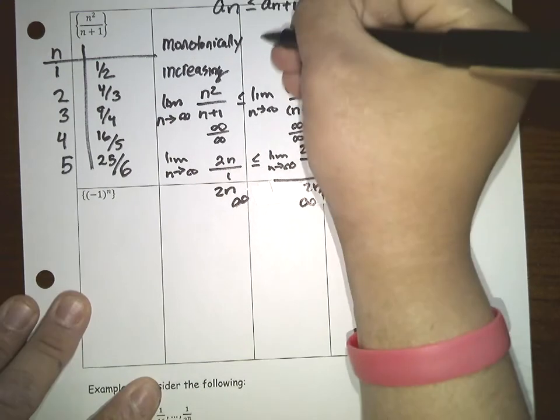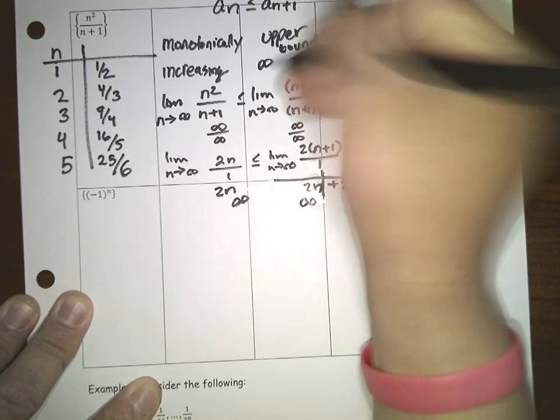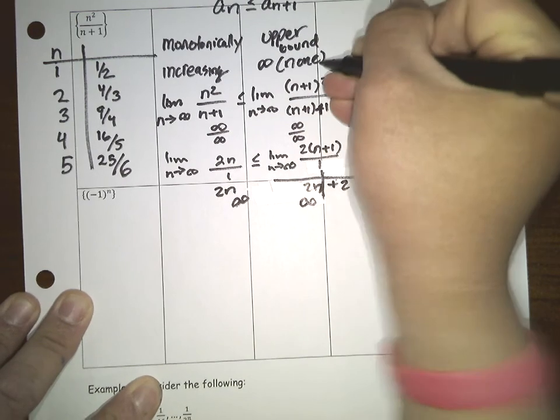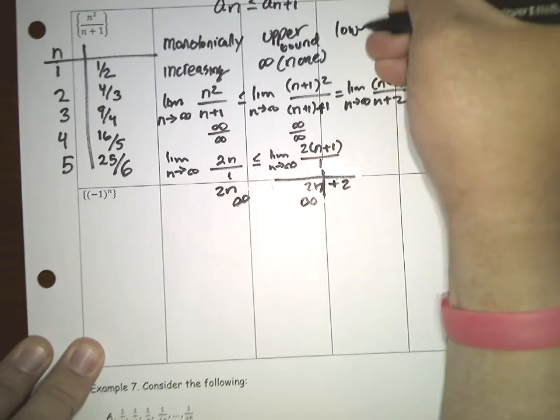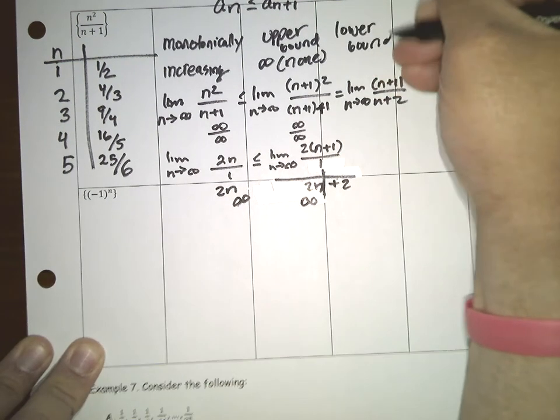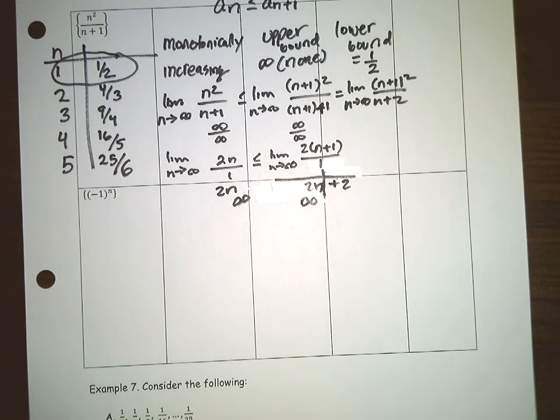So I know that the upper bound is infinity. That means that there is no upper bound. But then the lower bound is going to be the number that we started at, which is 1/2.